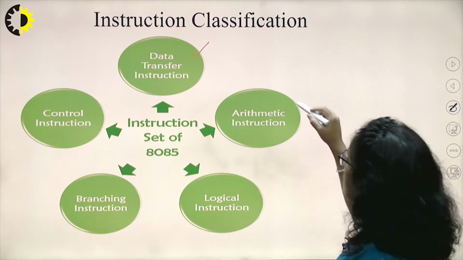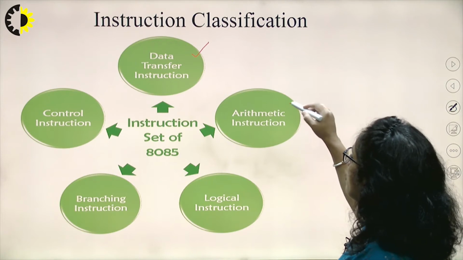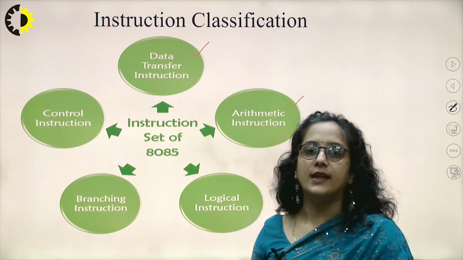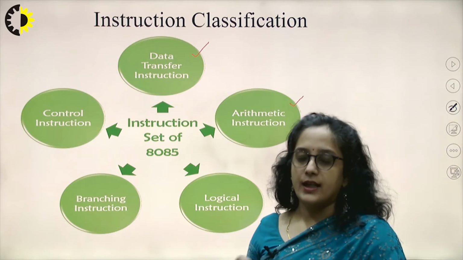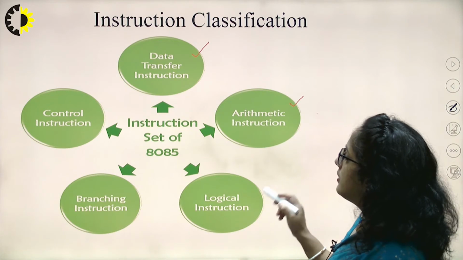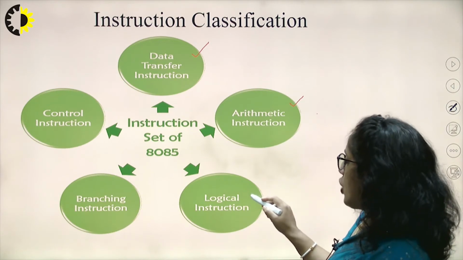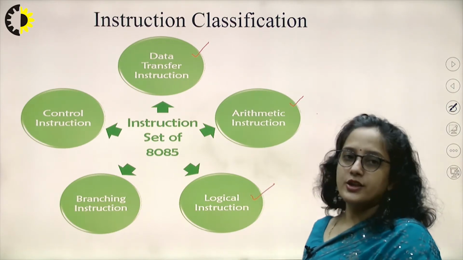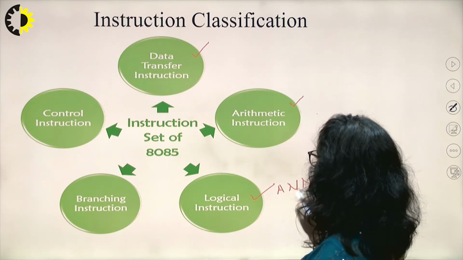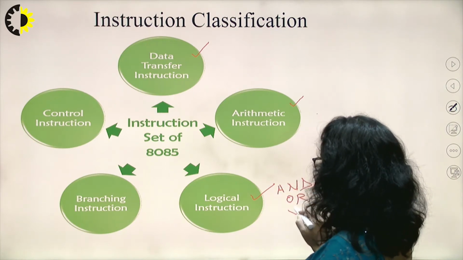The second classification is arithmetic operation instructions, whether the instruction is involved in addition, subtraction, increment or decrement. The third type is logical instructions, the logical operations like AND, OR, XOR.